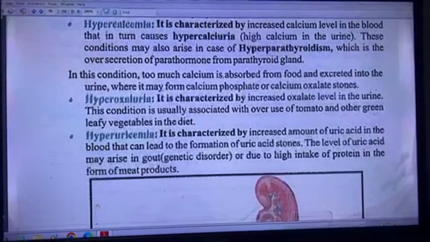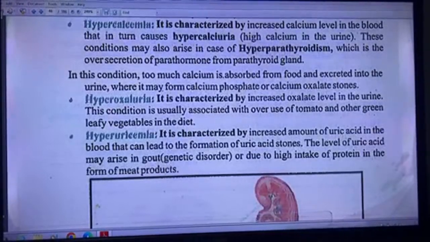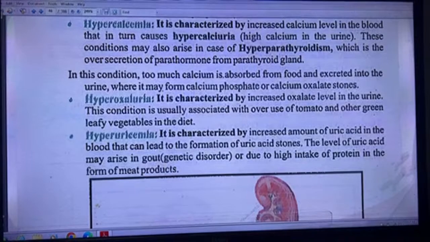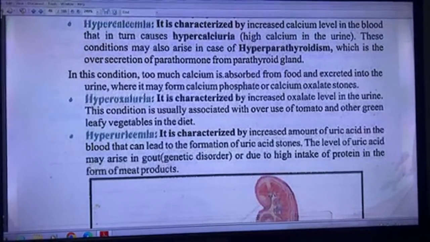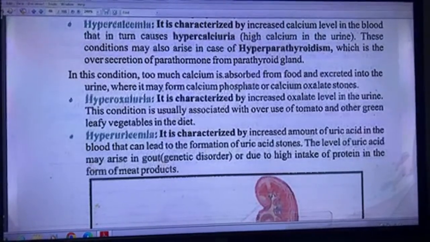This condition may also arise in case of hyperparathyroidism, which is the oversecretion of parathormone from the parathyroid gland. In this condition, too much calcium is absorbed from food and excreted into the urine, where it may form calcium phosphate or calcium oxalate stones.